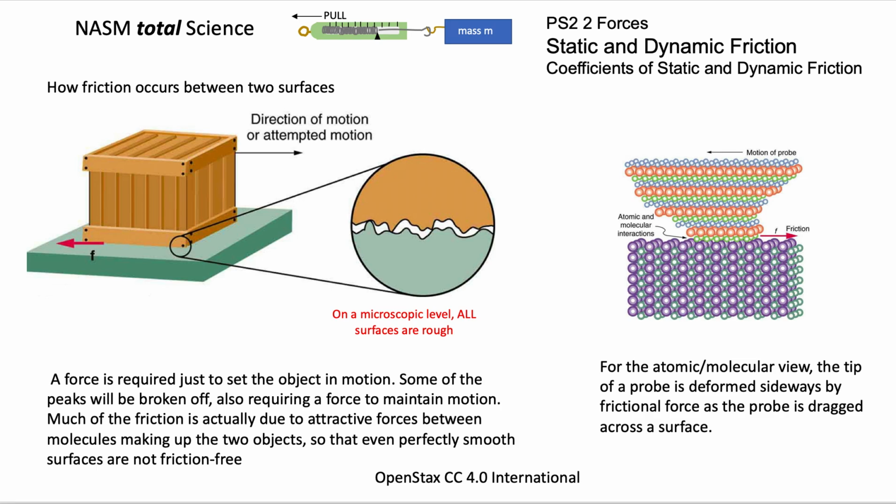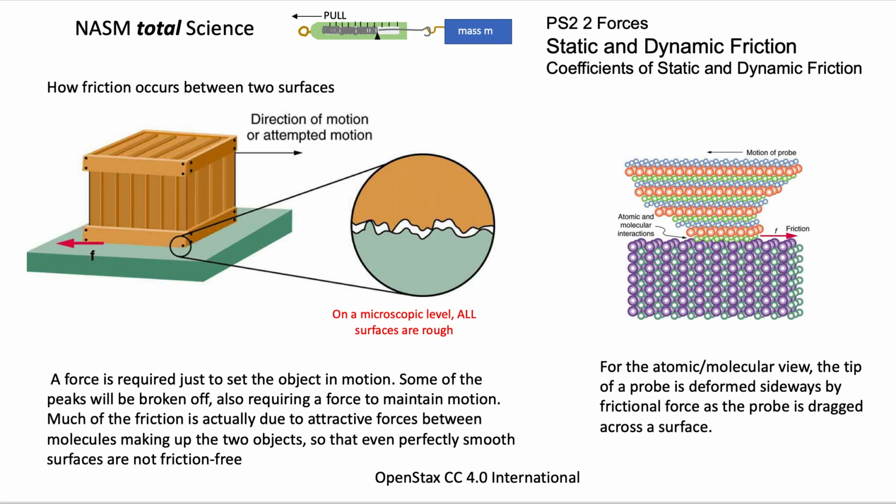And then a reminder of what friction is. When you look in microscopic detail here, you've got a crate on top of a surface. There's no flat surface that it's sitting on. There's no flat bottom to the crate, and it's those undulations, when you look at the microscopic level, that are causing the friction.